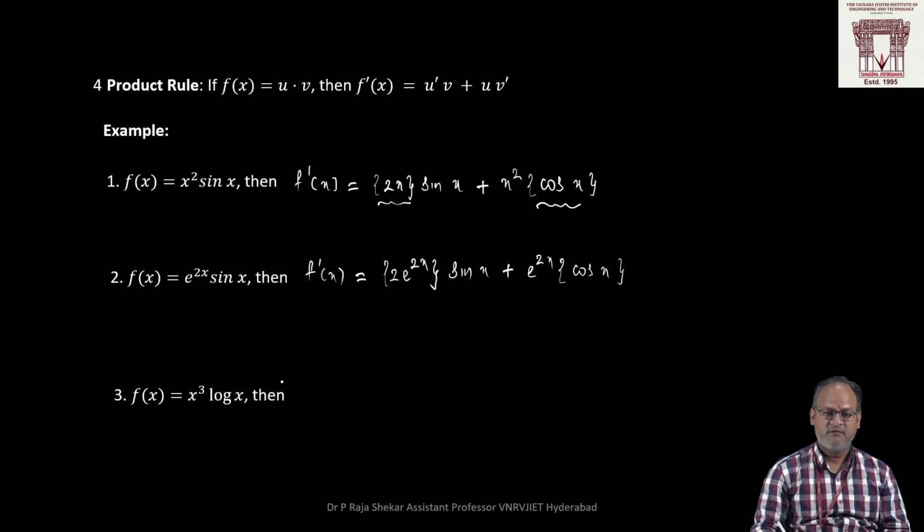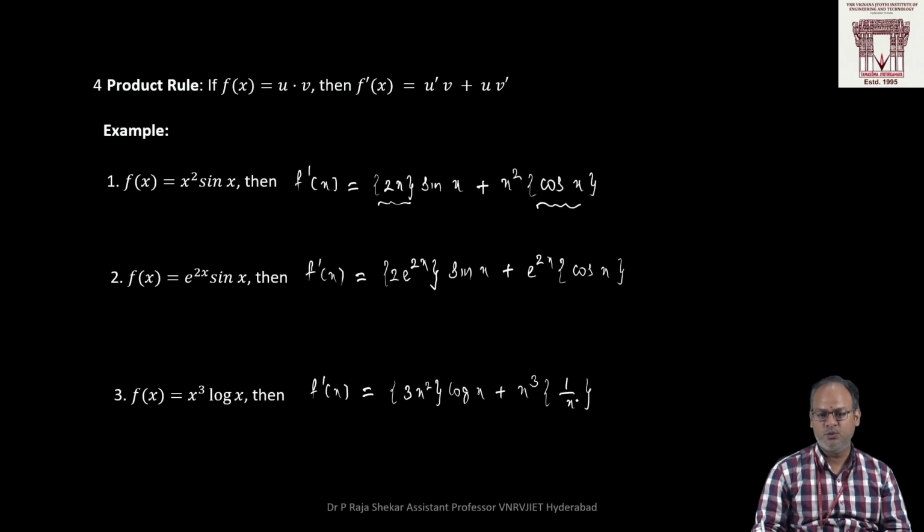Let me consider one more of this kind where I have f of x as x cube into log x. Then what happens to that f of x? The derivative of f of x, nothing but f dash of x. Same lines, derivative of u. What is u? u is x cube. So the derivative of x cube is 3x square, and v as it is, log x, plus u, x cube, into the derivative of log x, 1 by x.